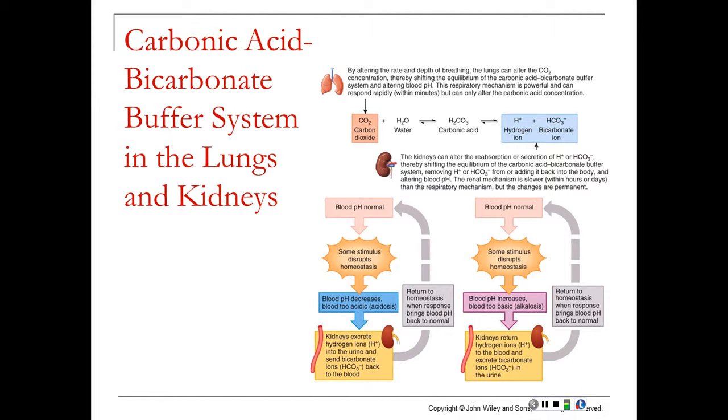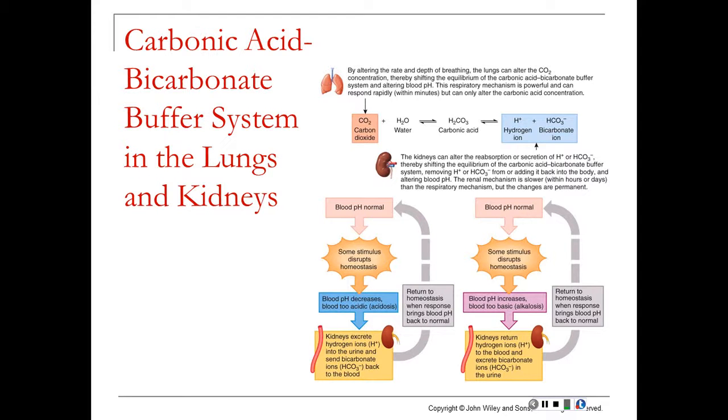When we're talking about the interplay between kidneys and lungs, by altering the rate and depth of breathing, the lungs alter that carbon dioxide concentration, so shifting the equilibrium of the carbonic acid bicarbonate. It's going to alter the blood pH. That's a respiratory mechanism, and it's very powerful. It can respond within minutes.